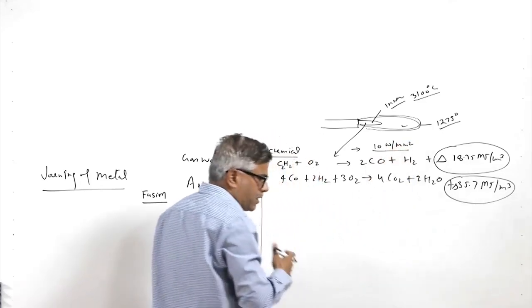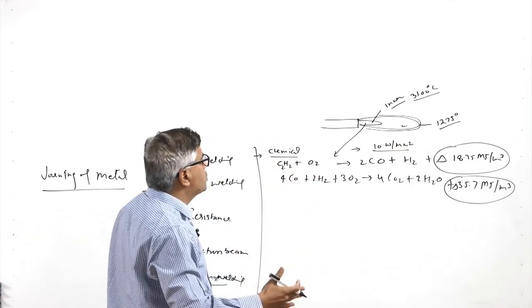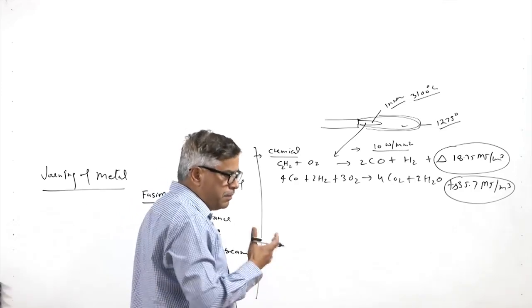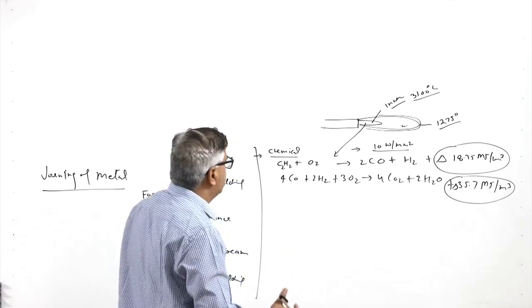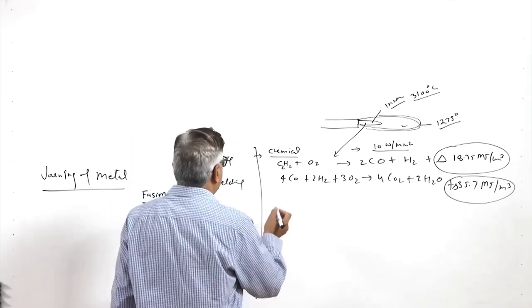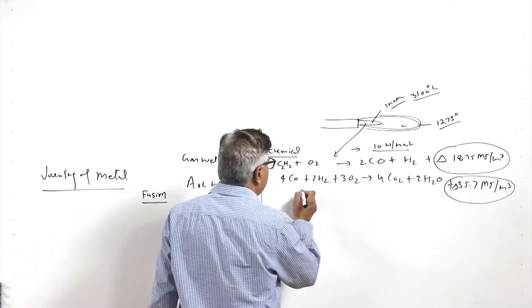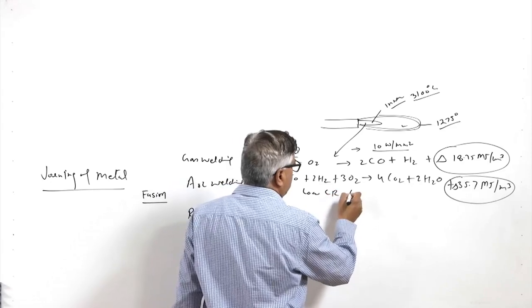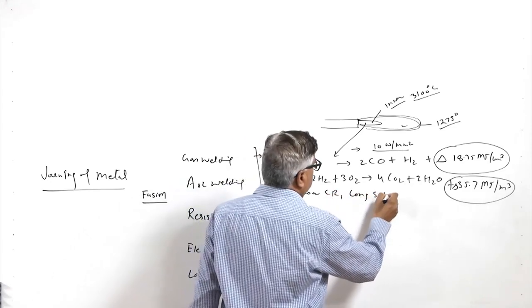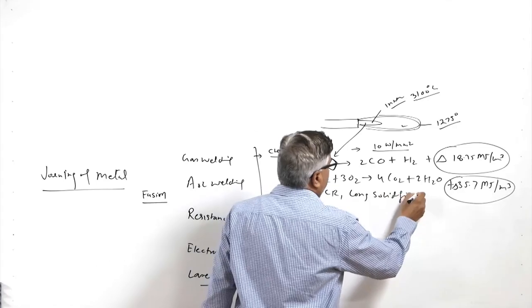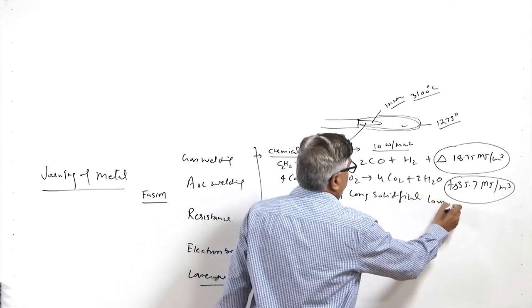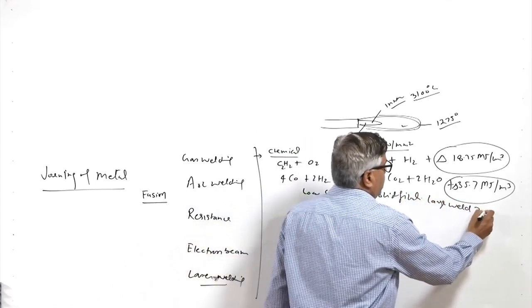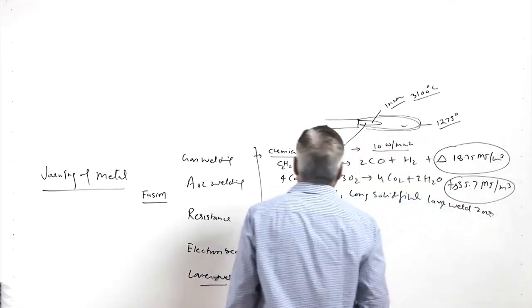So, it takes a lot of time to reach the fusion temperature, and in the meantime a lot of heat is dissipated to the base metal. That is why it results in a very low cooling rate as well as a long solidification time of the weld metal, and a large weld fusion zone is produced in gas welding.